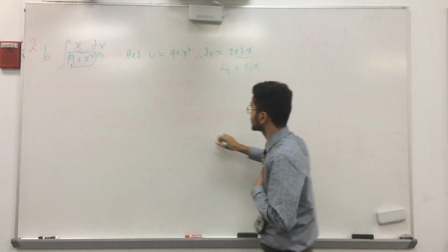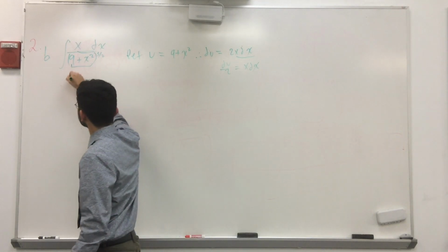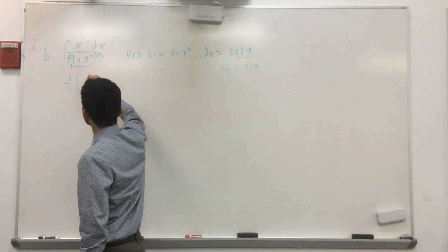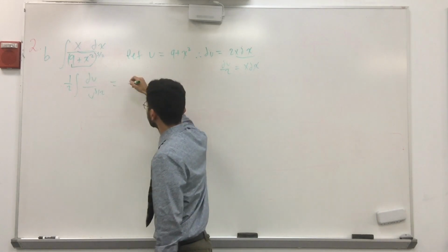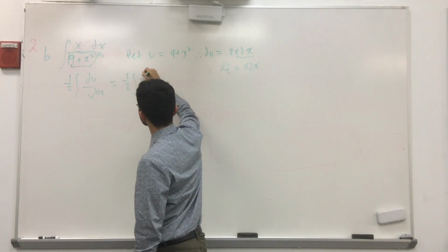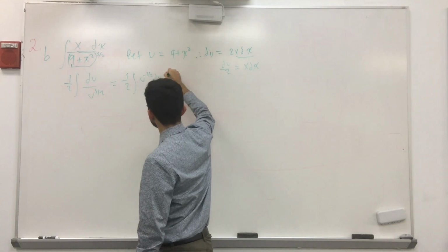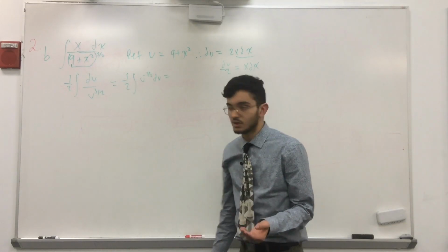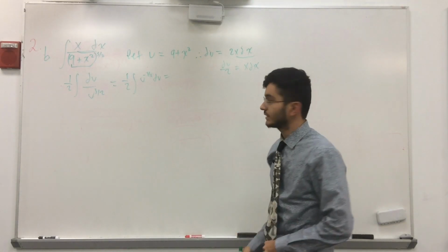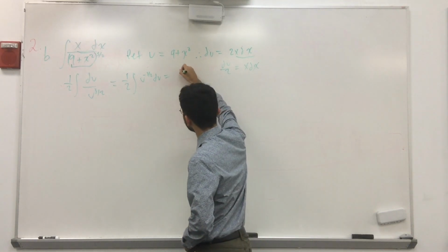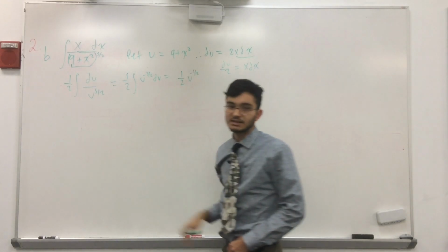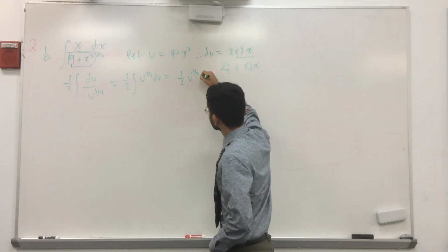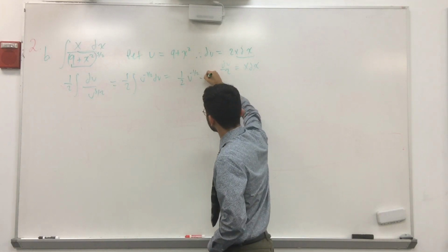So we make these substitutions, and this is 1/2 integral of du over u to the power of 3/2, which is nothing but 1/2 integral of u to the negative 3/2 du. We add 1 to the exponent, which is 2 over 2, so we're going to get negative 1/2. So that's 1/2 times u to the negative 1/2, divided by the exponent, which is nothing but multiplied by negative 2.